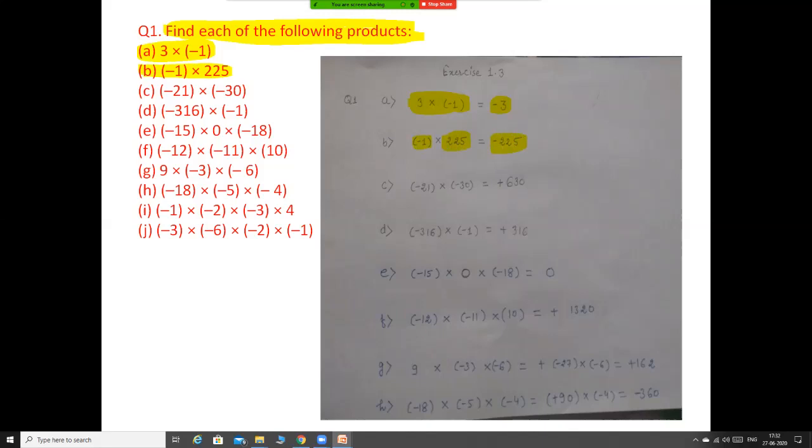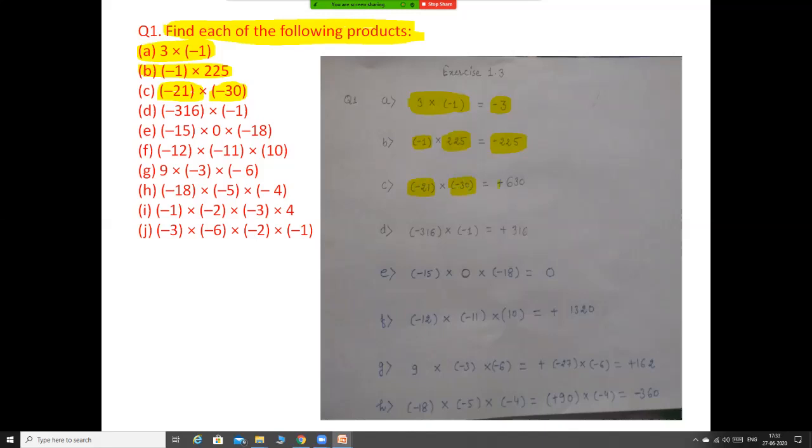Right? C part, minus 21 into minus 30. What is the answer? Minus 21 into minus 30.